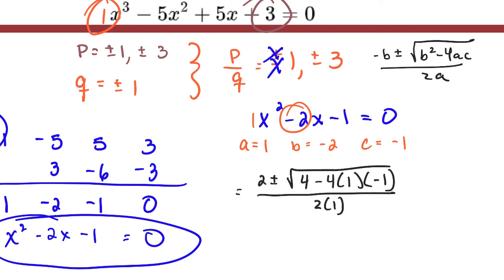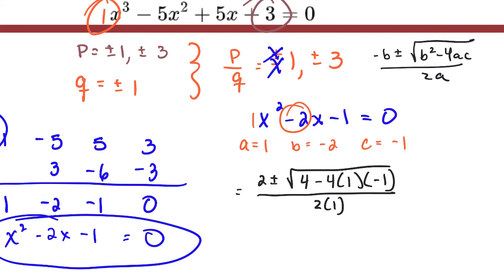So I just substituted in A, B, and C where they go. Some things you'll notice, like when it says up here the opposite of B, since my B was negative 2, it became positive 2. It says take the B and square it, so I took negative 2 times negative 2 in my head, and I got 4.